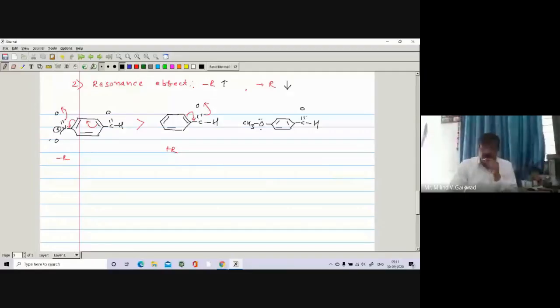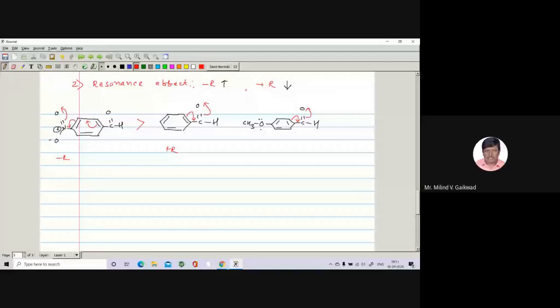This carbon is having positive. So these pi bonds are involved in delocalization. This will be involved in delocalization, and this will be involved in delocalization. Meaning there is a delocalization of the positive charge. So there is no concentrated positive charge as compared to benzaldehyde. That's why it is less reactive.